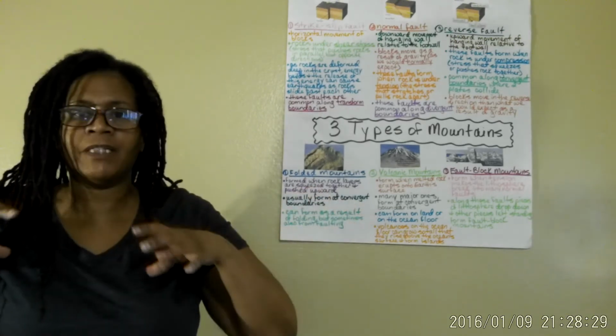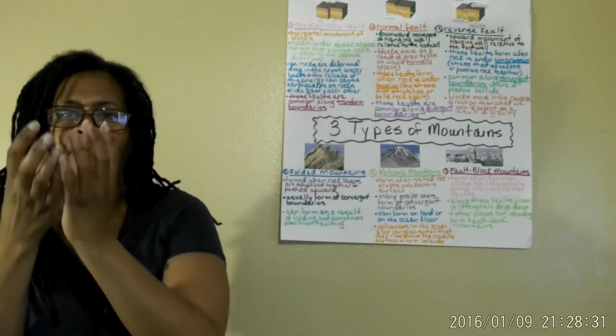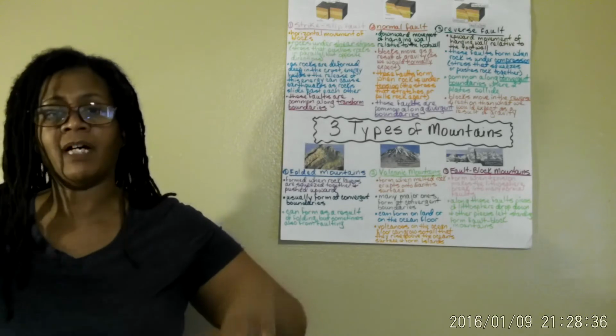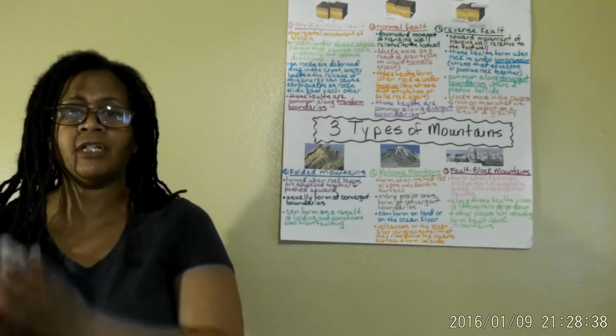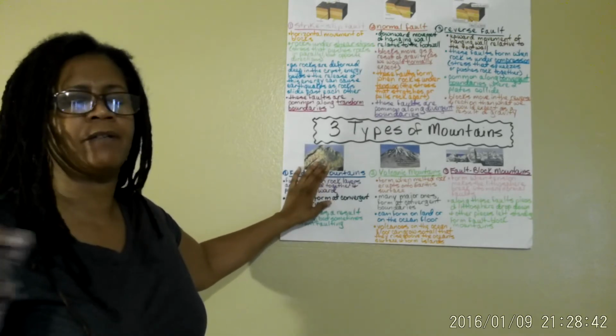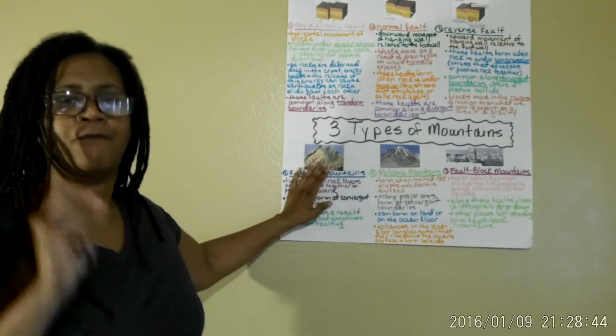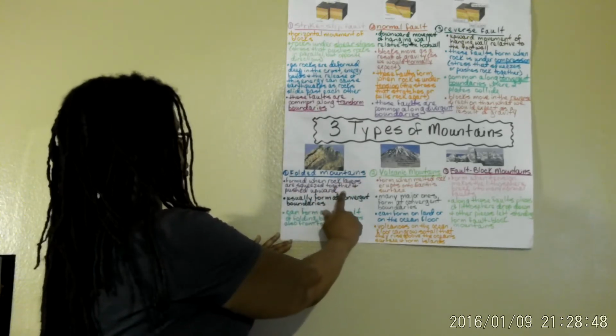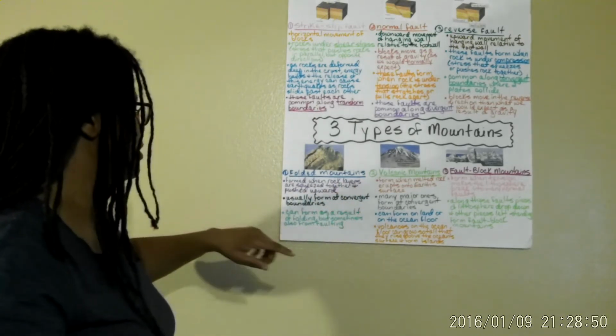It can eventually get squeezed and pushed upward onto the surface of the earth. So it goes from underground and it gets pushed upward onto the surface of the earth, and that's what forms folded mountains, okay? So it's formed when rock layers are squeezed together and pushed upward.